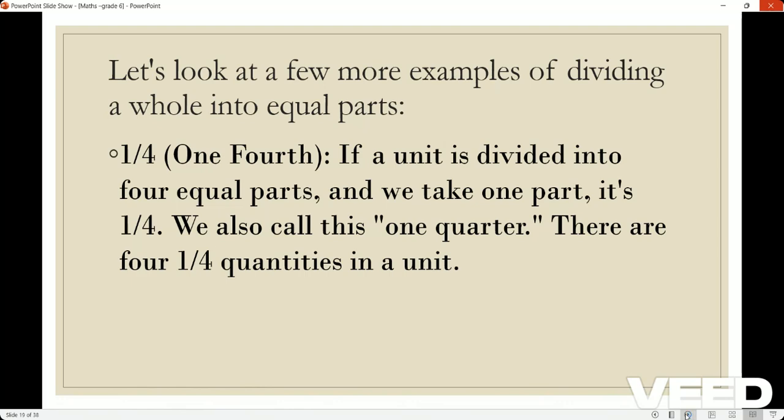We also call this one quarter. There are four one quarter quantities in a unit. So we can say one quarter or one fourth. So let's see what we have to learn next.